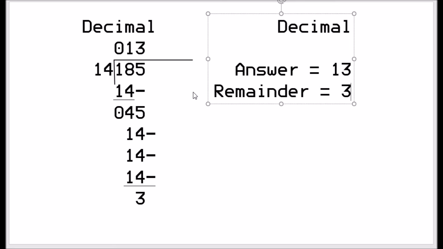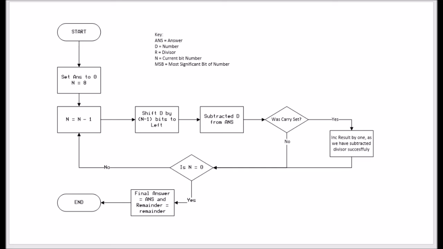We can represent that in code. So here's the flow chart for a divider. We start, and we've got our answer, our number to divide and our divider. So we set our answer to 0. We set n to be 8 because if it was an 8-bit divider, we have to run through it 8 times, or if it's a 16-bit divider we have to run it through 16 times.